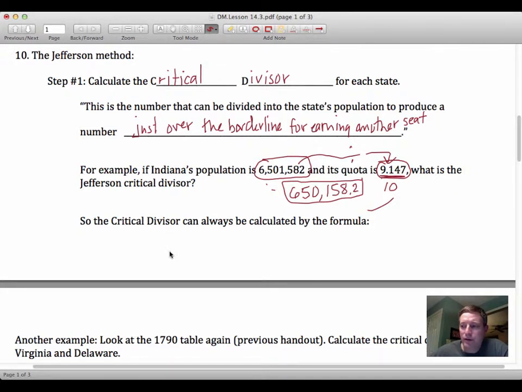So critical divisors can always be calculated by taking the state population. This is the formula I was doing a couple times. You take the state population and divide by what we're going to call n plus 1. N is going to be defined as the tentative apportionment.